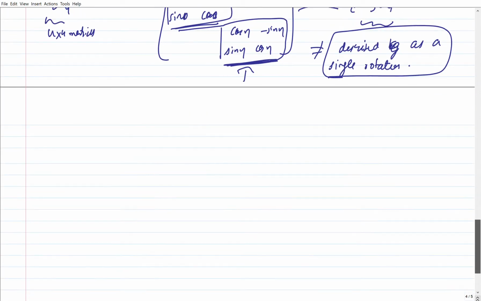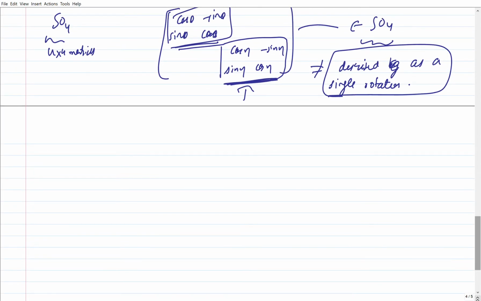So basically, the rest of this section in the book boils down to exploring the relationship between orthogonal matrices and rotations.